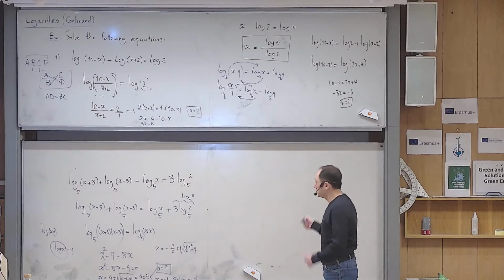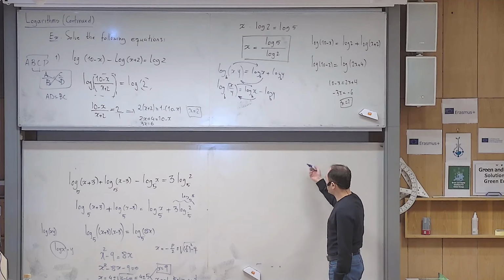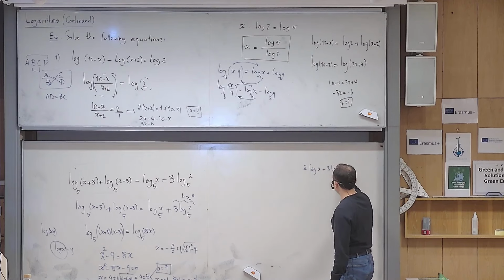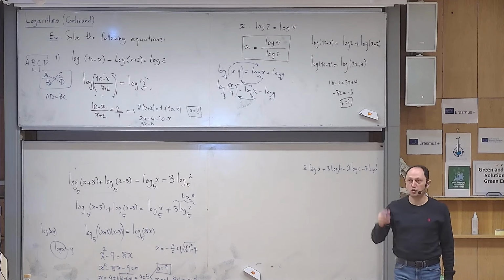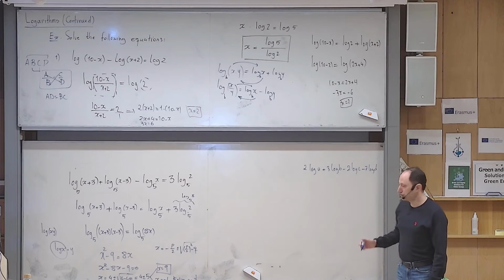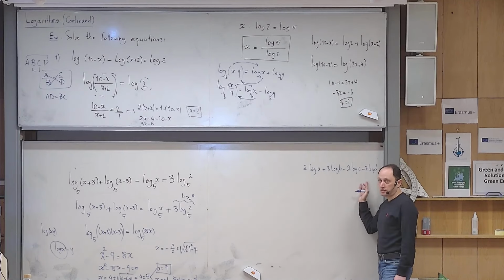We discussed this before. Do you remember? I gave you an example like this: 2 logarithm of A plus 3 logarithm of B minus 2 logarithm of C minus 7 logarithm of D. If I ask you to combine them in one go, not step by step. Do you remember? We had this yesterday.